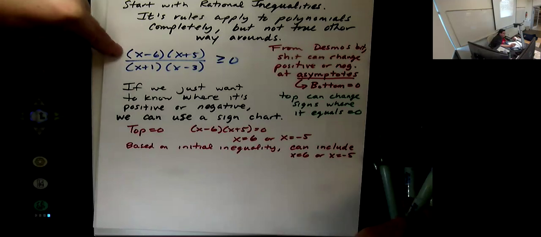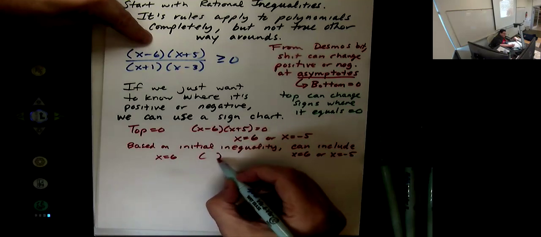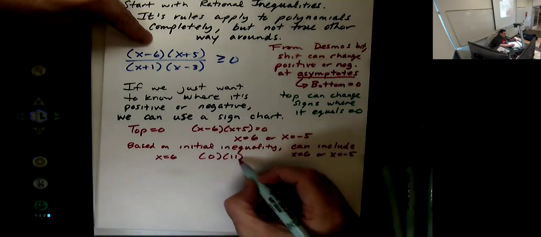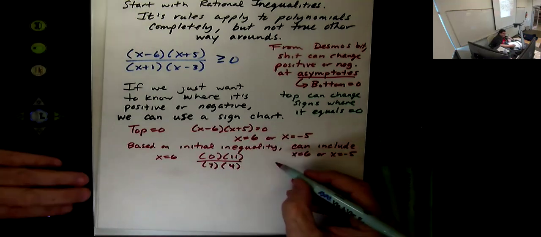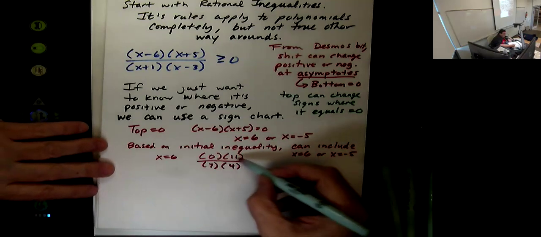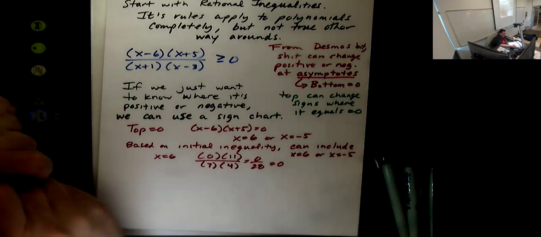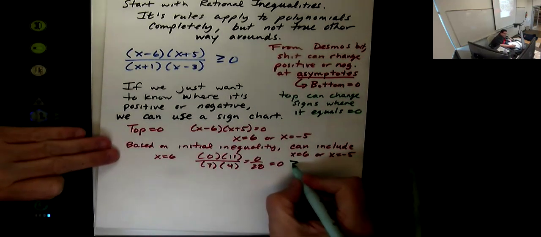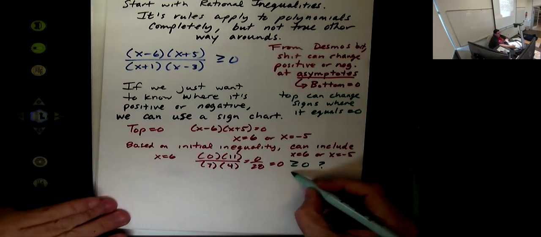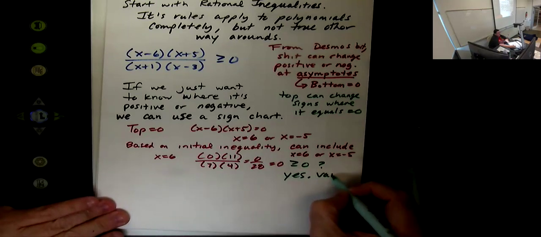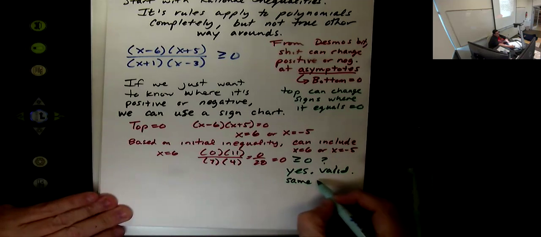If I plug in 6, the top left one is 0. That one's 11, that one's 7, and that one's 4. And this is 0 times 11 is 0 over 28, which is 0. Is that greater than or equal to 0? It's got the equal portion, so yes, it's valid. Same with x equals -5.